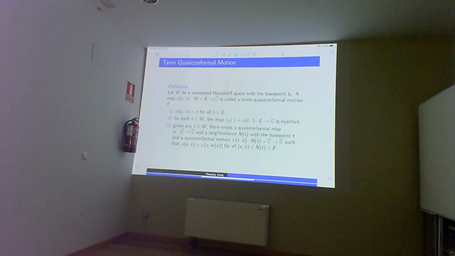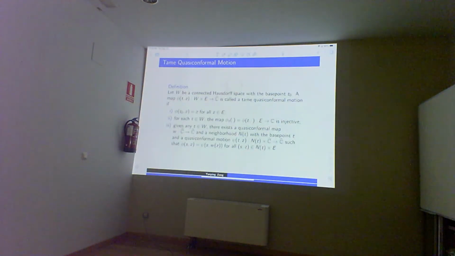A map phi_t(z) from W cross E to C hat is called a tame quasi-conformal motion if, first, at the base point it is still the identity, right? For each t in W, the map is injective, also okay, right? But now you have to put in a so-called tame condition.